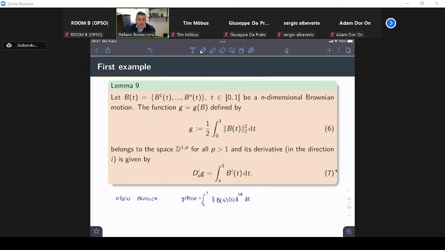So instead of taking just the L2 norm, you can take the LP norm. We know that for any t, the random variable B_t has finite moments of any order. So in particular, I can take 2n. I don't want to use n because n is the dimension of the space. So let's say 2k.